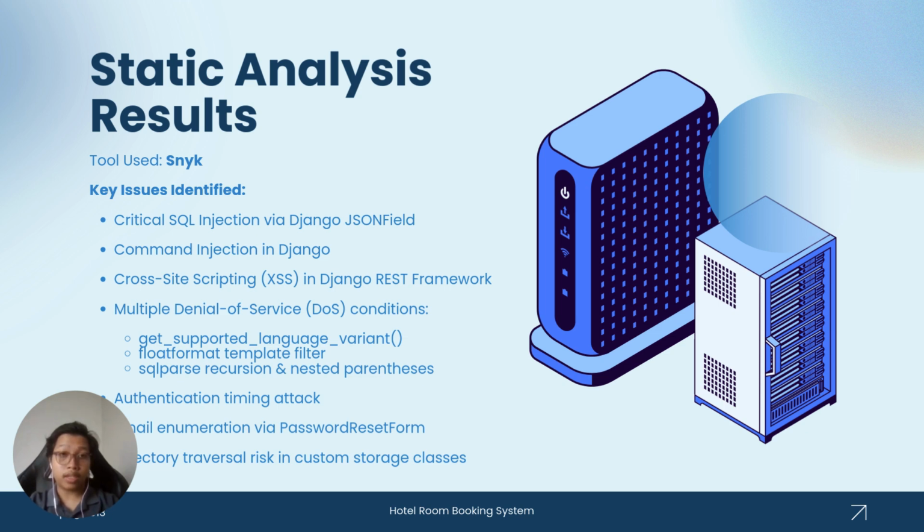Moving on to static analysis, SNCC will also be used to scan the application source code. The scan confirmed several critical and high-risk issues, including SQL injection through the Django JSON field usage and command injection vulnerabilities. We also identified cross-site scripting issues, multiple denial of service conditions related to language handling, template files, and SQL equation.